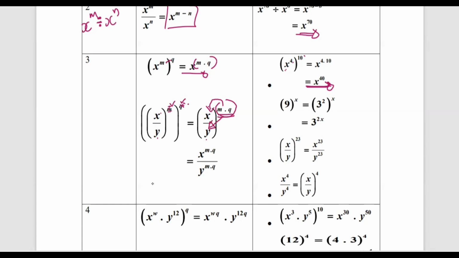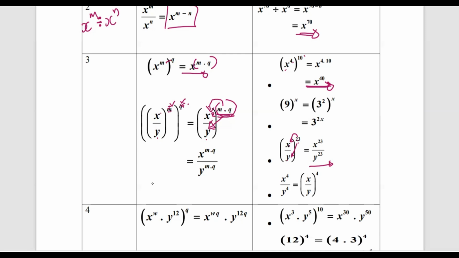So depending on what exponent was here, if let's say we had a 2 there, then the 2 will multiply with the mq. And then whatever exponent is raised to the y must also multiply with the mq. An example, we have x over y to the 23. So x is raised to the 23, and then y is also raised to the 23, and then that will be our answer.